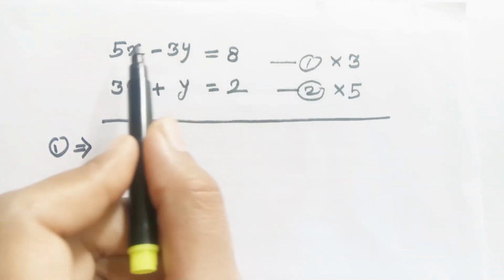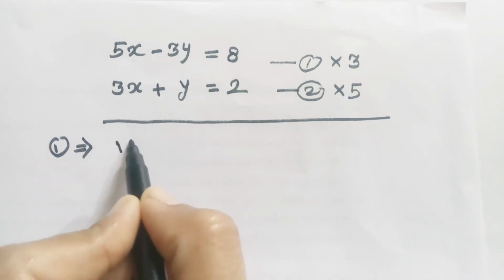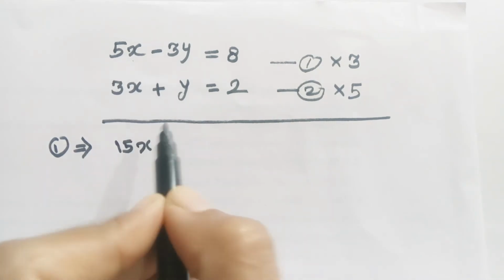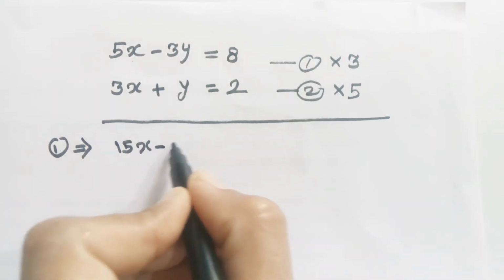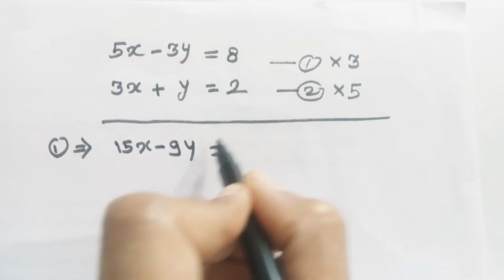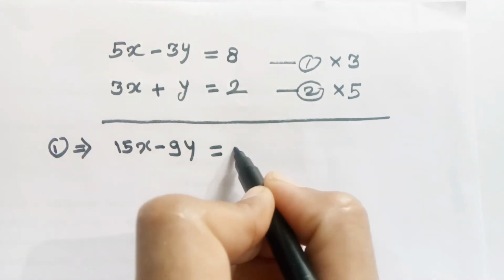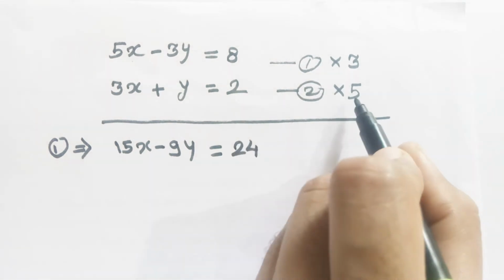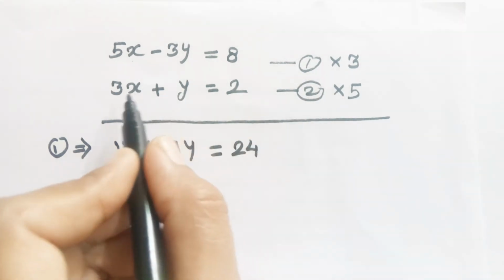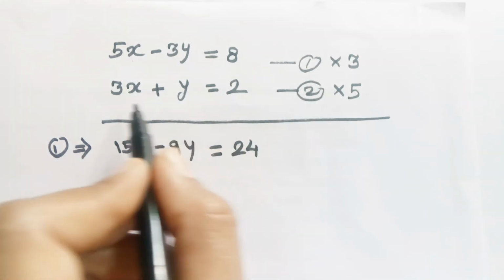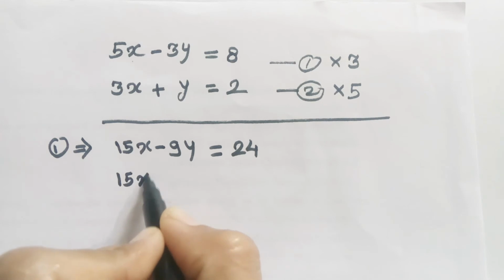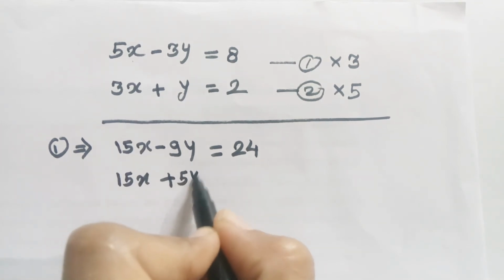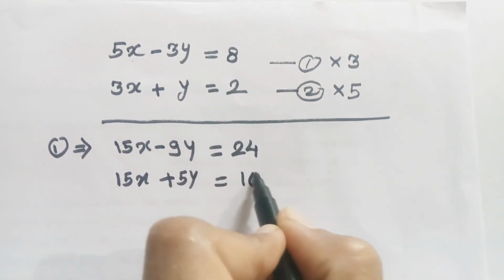So 3 into 5 is 15x, minus 3 into 3 is minus 9y, equals 8 into 3, which is 24. Similarly, multiply 5 to equation number 2, throughout the equation. Then it is 15x plus 5y equals 10.